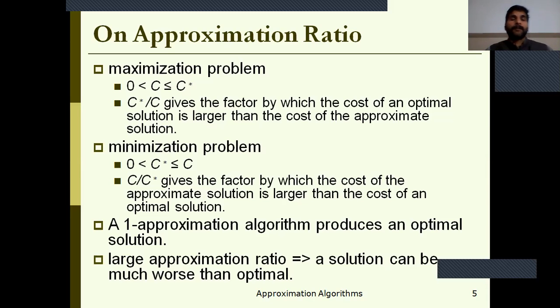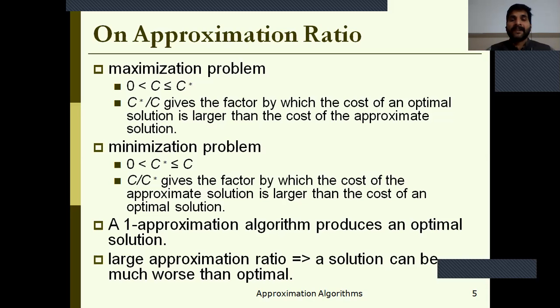For a minimization problem, 0 is less than C star, which is less than or equal to C. C upon C star gives the factor by which the cost of the approximation solution is larger than the cost of an optimal solution. In the first case, the maximization problem, if the optimal cost is greater than the approximation cost, then we take the ratio of optimal cost upon approximation cost.